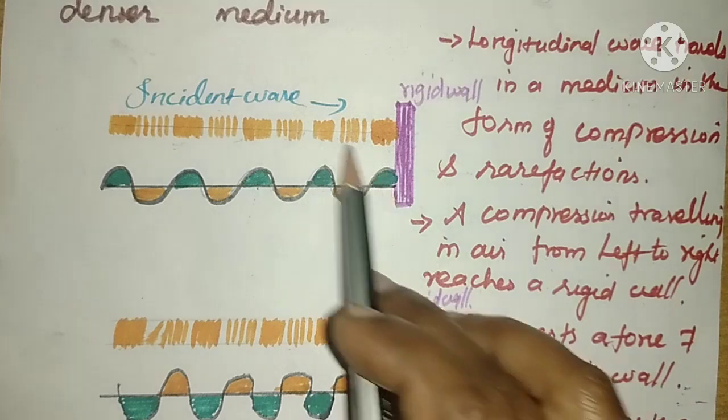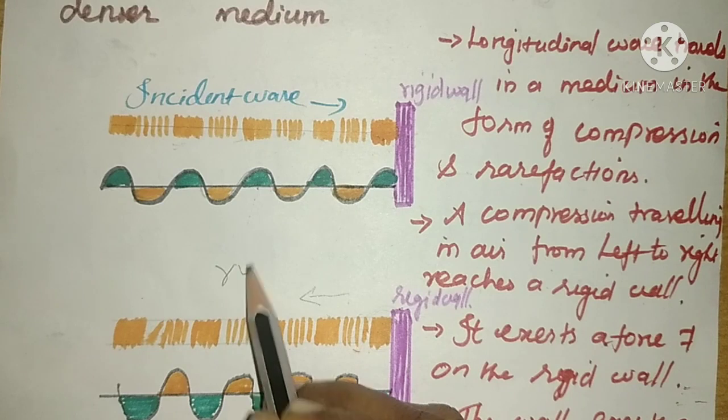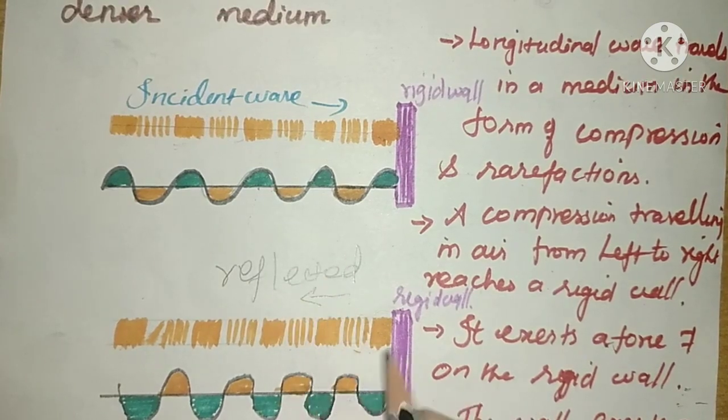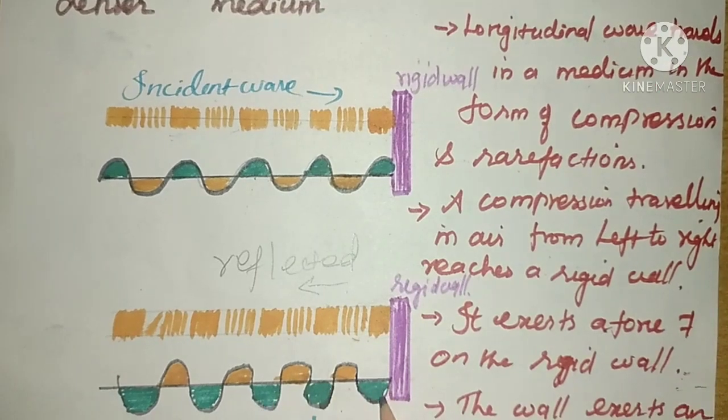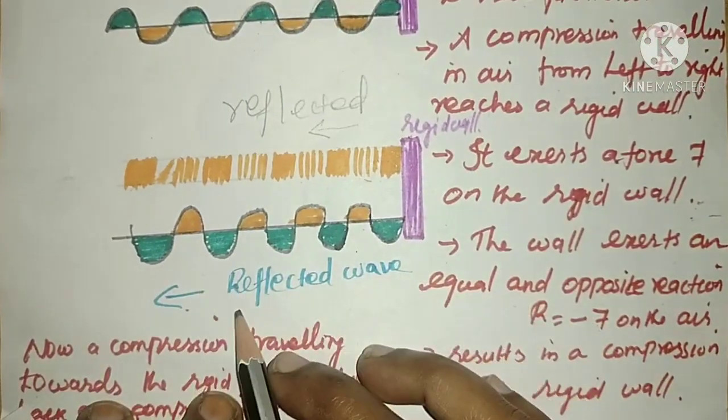This is the incident wave and this is what wave? This is the reflected wave. So nearer to the wall, what is produced again? Yes, compression is produced. This is the reflected wave, and the reflected wave will be traveling from right to left, in this direction.